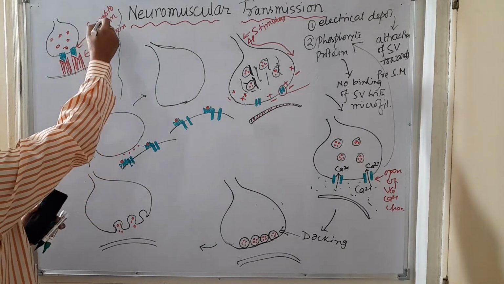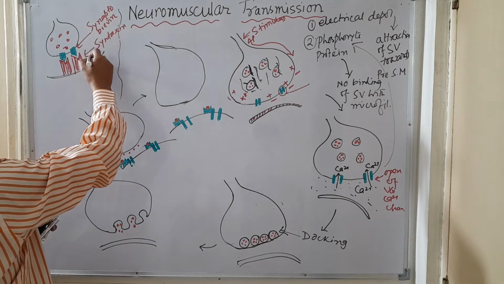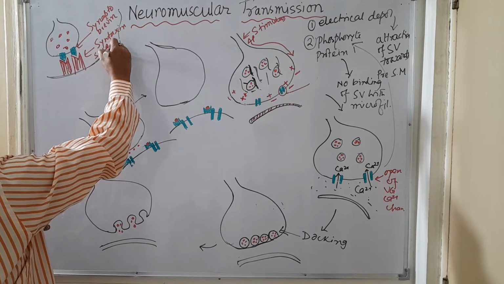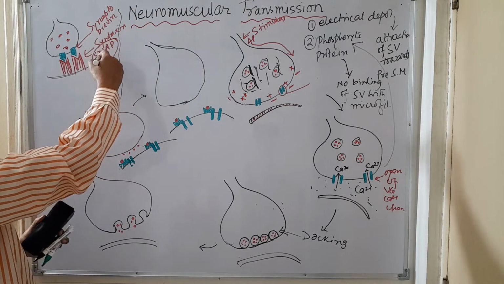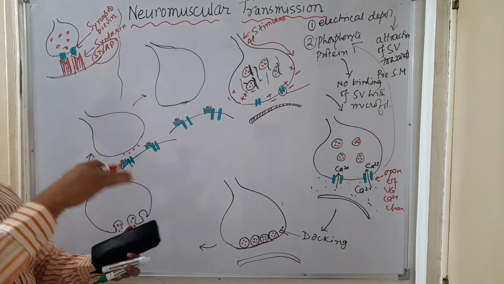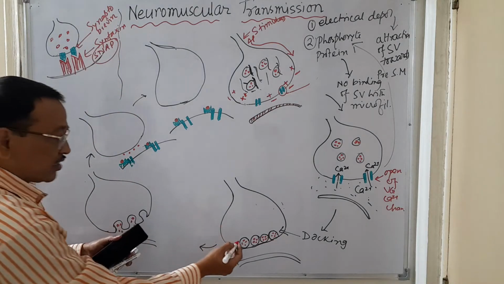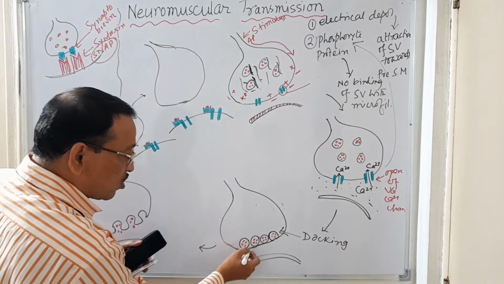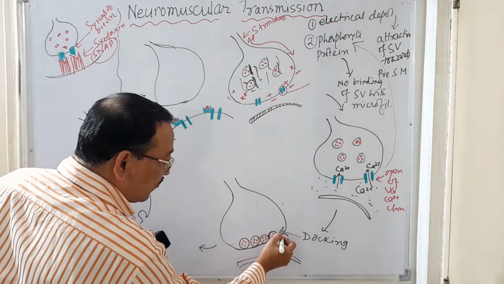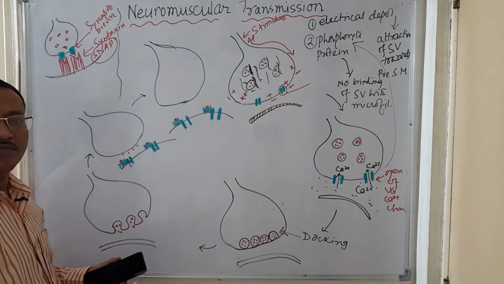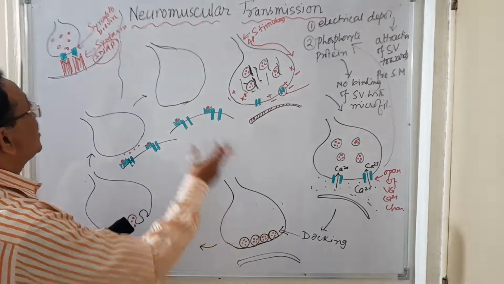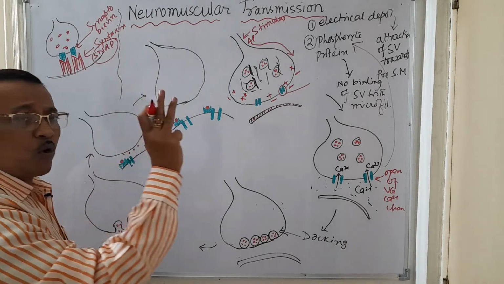So in association with the SNAP proteins, syntaxin and the synaptobrevin get locked, and thereby the synaptic vesicle gets fixed on the presynaptic membrane, and that is the phenomenon which is known as docking.